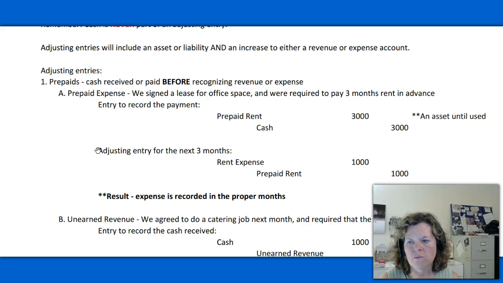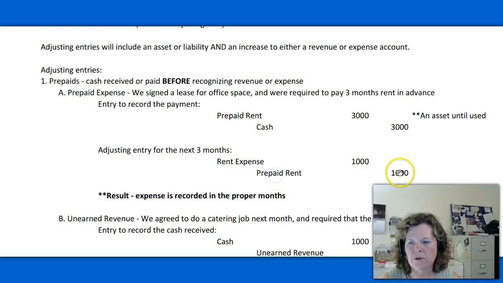So we've paid out the cash. We've recorded the $3,000 in prepaid rent, which is an asset. And then over the next 3 months, which is basically the time period that we're going to incur the rent expense, we're going to make this adjusting entry each month. Debit rent expense for $1,000 and credit prepaid rent for $1,000.